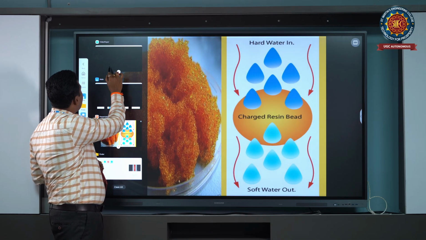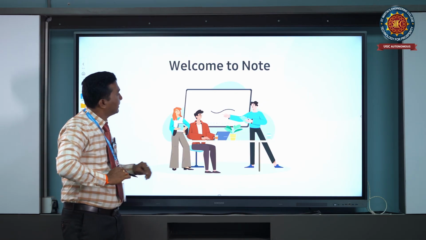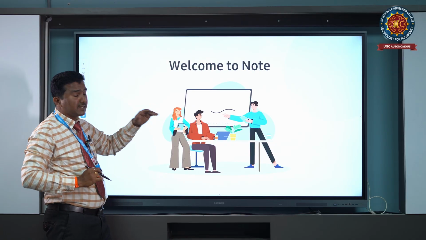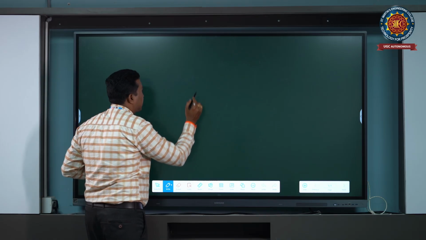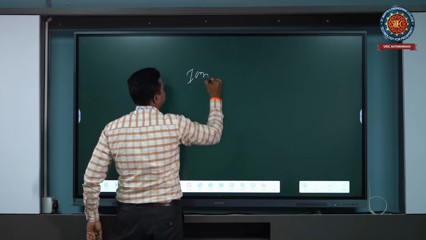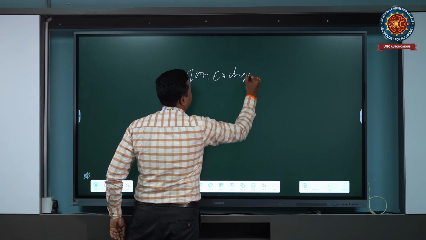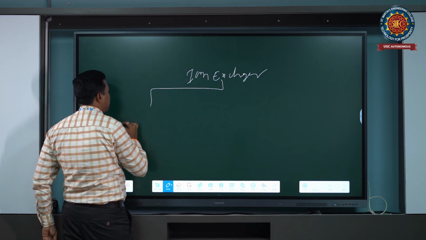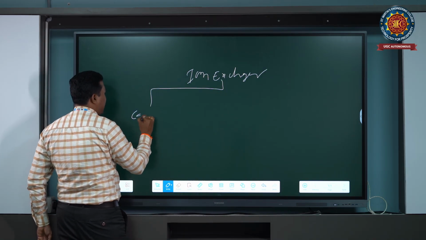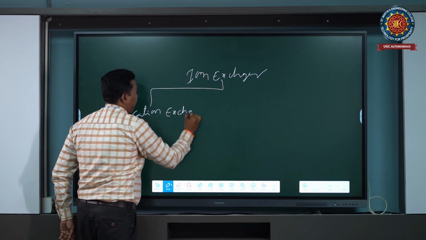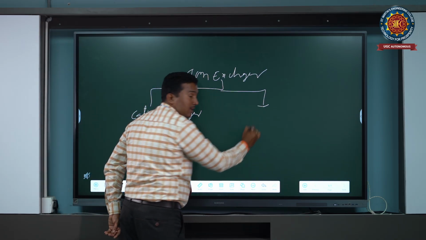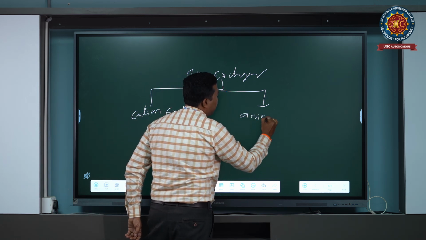The complex organic compounds are the ion exchange reagents. Ion exchangers are of two types: cation exchangers and anion exchangers.